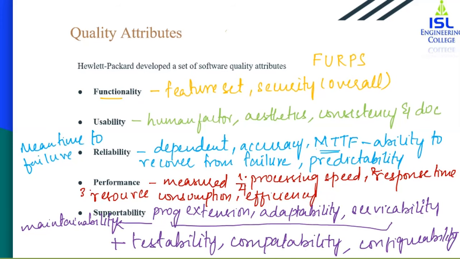Now these are maintainability, testability, compatibility, configurability. So these are the four functions that are used in the supportability function. Now this can also have the ease of installation, that is whether the installation process is very long or very easy, that is going to be identified. That is called as your ease of installation.